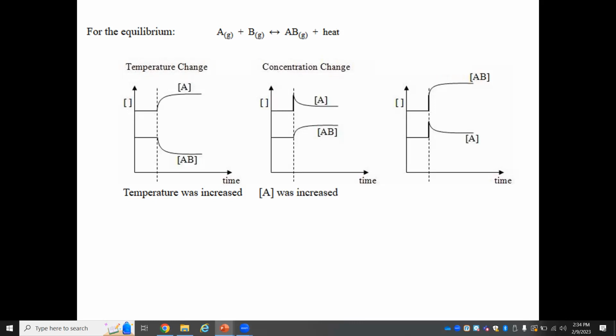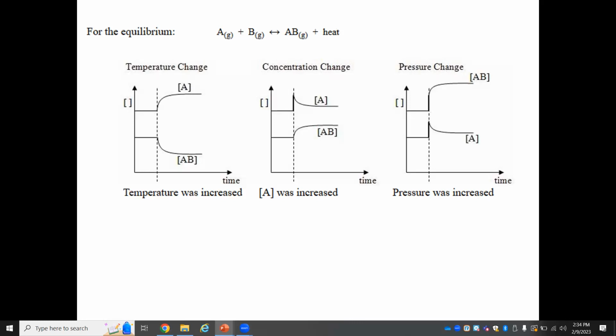Looking at the third graph, notice that they both have a sudden jump. Anytime they both have a sudden jump or everything has a sudden jump, it is going to be a pressure change. So notice that we are going to be increasing AB, our product, which is the side with less moles of gas, meaning that this is an increase in pressure.